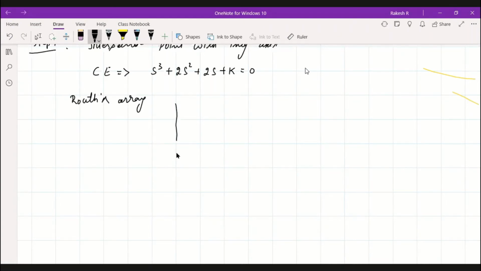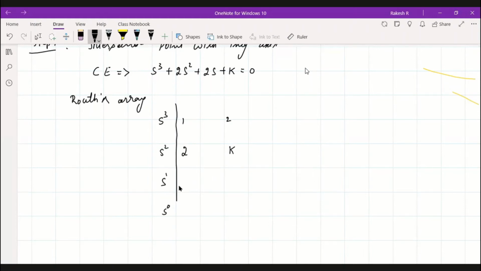Now we write the Routh's array: s cube, s square, s and s naught. The s cube coefficients are 1 and 2, the s square coefficients are 2 and k.